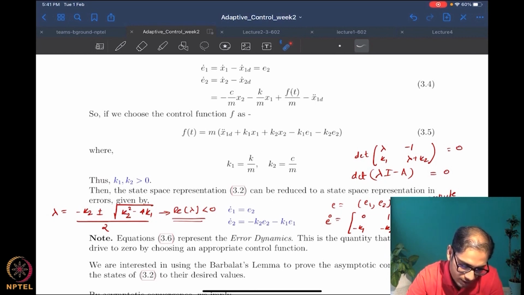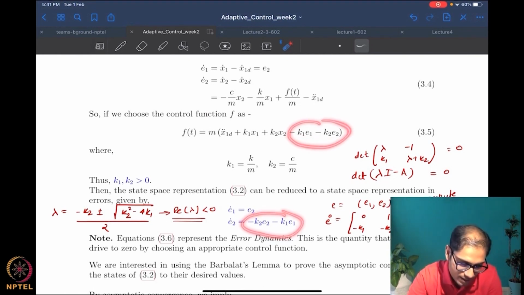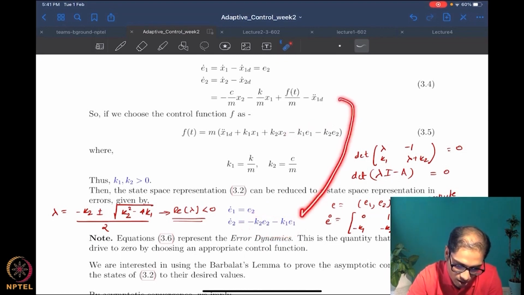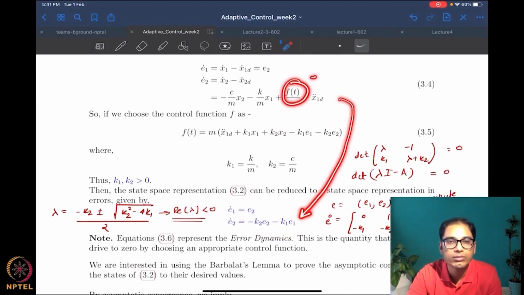Of course, I'm calling this k1 as k by m, and k2 as c by m. Then I introduce some nice terms, minus k1 e1 minus k2 e2. That is, I introduce these terms right here. Basically I get from here to here by choosing the f. That's it.